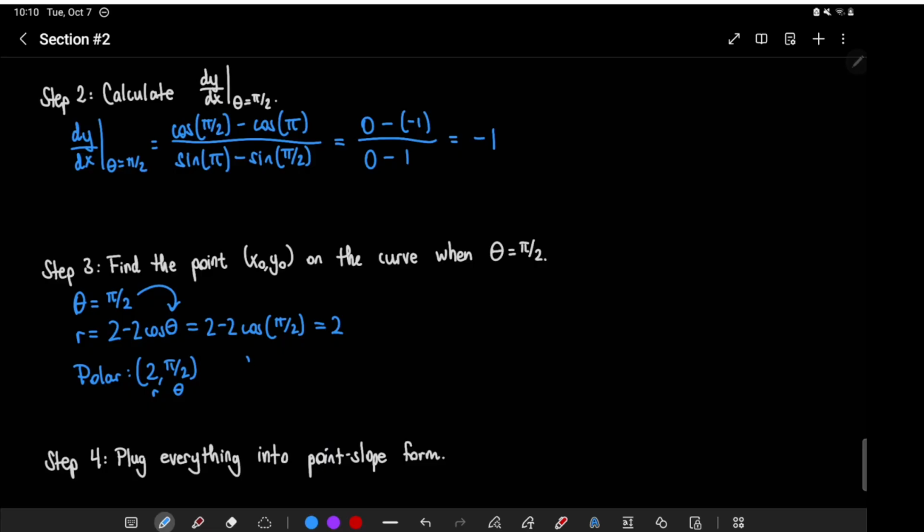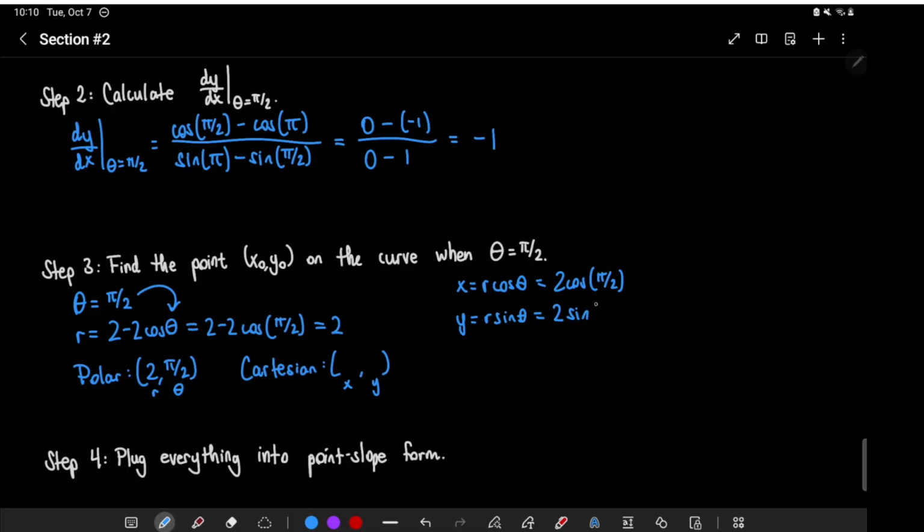But we would prefer it in Cartesian, or rectangular coordinates, whatever terminology you prefer. That's where we have x comma y. How do we do that? Same idea, just remember x is r cosine theta, y is r sine theta. We just figured out r is 2. So this is 2 cosine of theta, where theta is pi over 2.